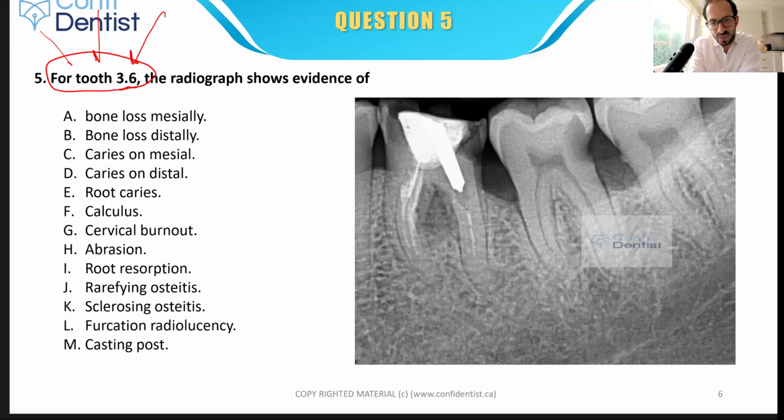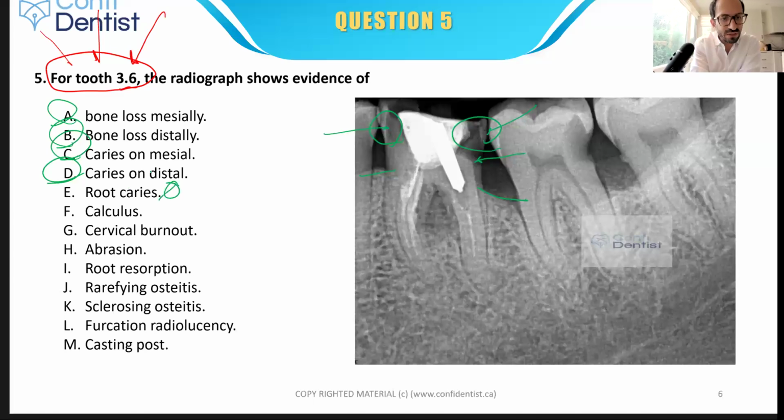Anyway, so we have bone loss on mesial and distal. So A and B, obviously. We have caries on mesial, and we have caries on distal. This caries has extended to the root.